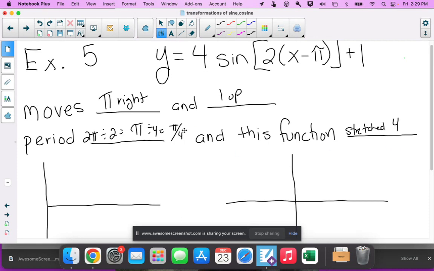Okay, so let's put this all together, and I'm going to show you how to set up your x-axis. It's moving pi to the right, and each tick mark is 1/4 of pi. So 1, 2, 3, 4. That's where your graph is starting, if you're doing the positive side only. If you're doing the negative to the positive side and your period is pi, you would have gone normally from negative pi over 2 to positive pi over 2.